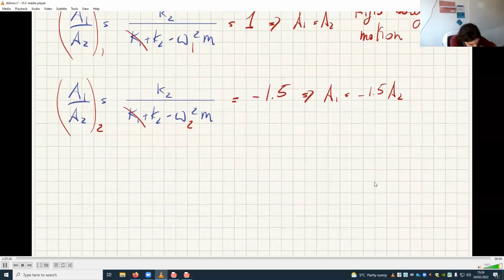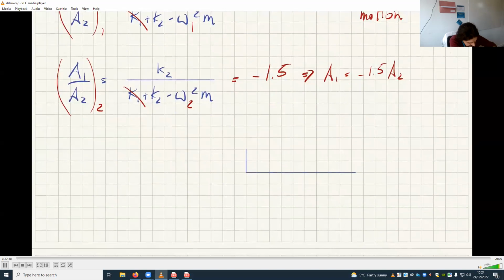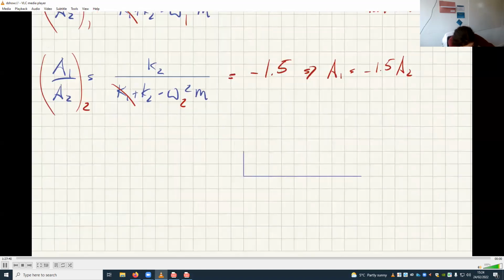And so if I plot it on a mode shape diagram, I get that this mass moves, say, 2 units. Sorry, it's the other way around.